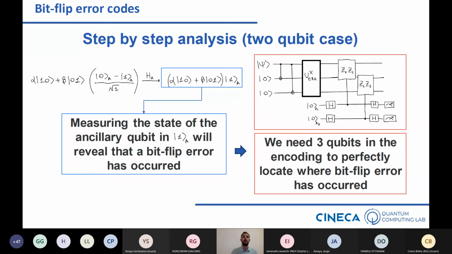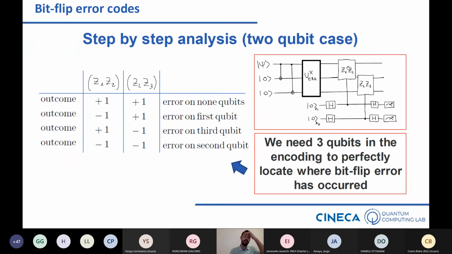Why? Because the syndrome measurement associated to the first ancilla is Z1, Z2, as we have seen, while the second one has Z2, Z3 associated.